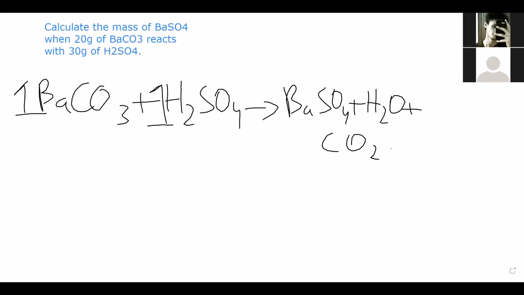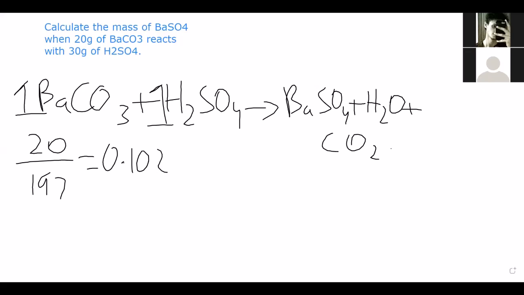For barium carbonate, 20 upon its MR. MR of barium carbonate will be 137 plus 12 plus 3 times 16, 197. This is equals to 0.102.